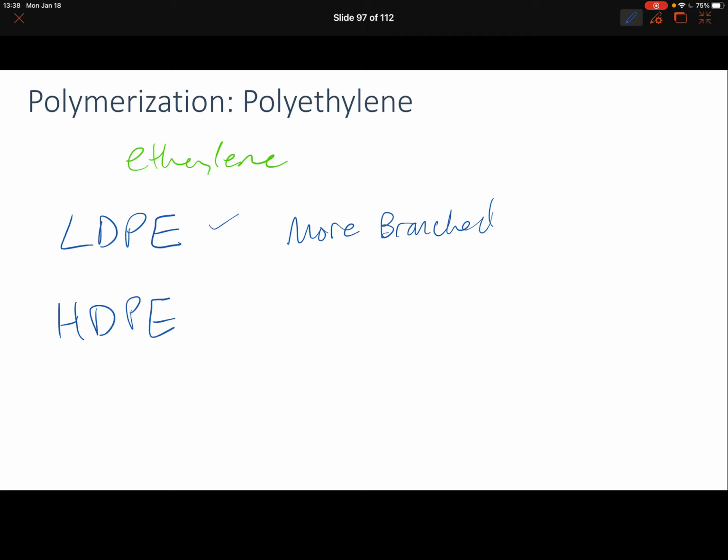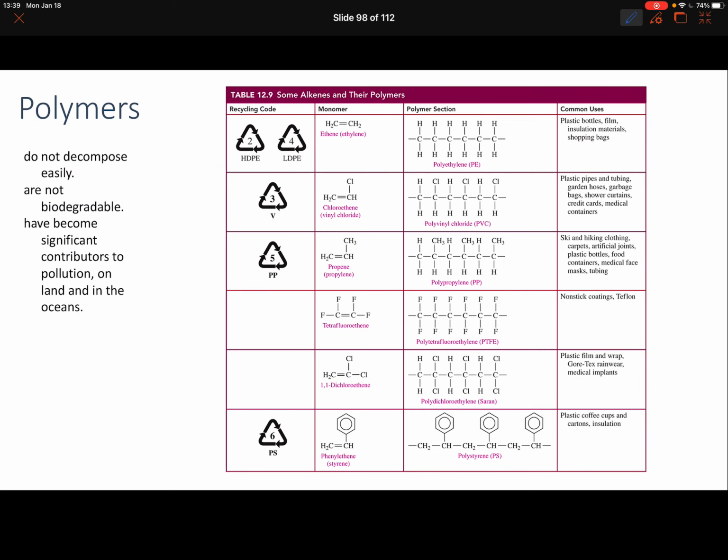It's less branched, and it has a much higher melting temperature as well. So the branching is what allows it to be more or less dense. High density polyethylene is good for high temperature plastics, so it won't bend or mold in the heat like a low density one would. Here's a list of some of these, as you can see.